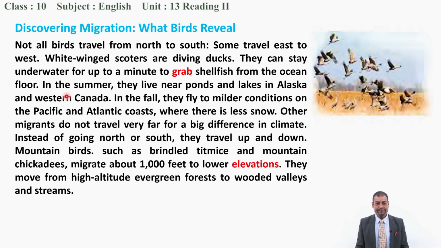Now, in the summer, they live near ponds and lakes in Alaska and western Canada. In summer season, they just live near ponds so that they can find shellfish, maybe fish, and it will be easier for them to eat. Okay. Now, next one. In the fall, they fly to milder conditions on the Pacific and Atlantic coast where there is less snow.